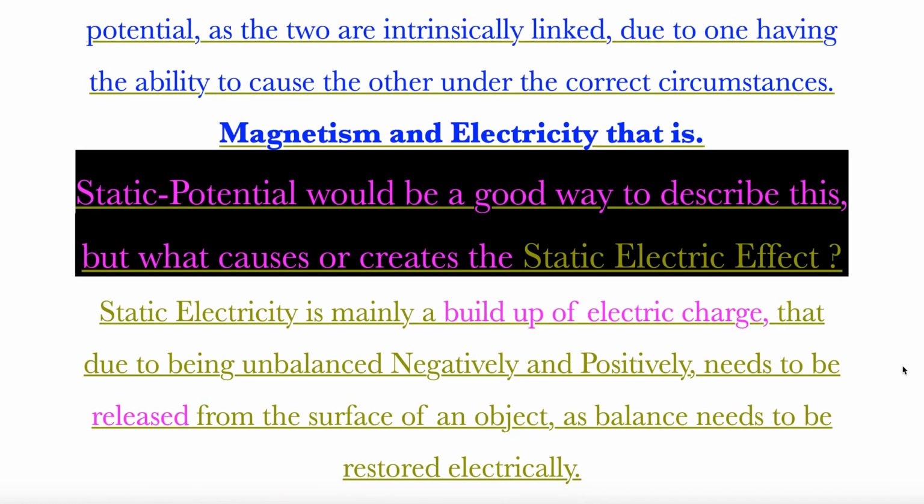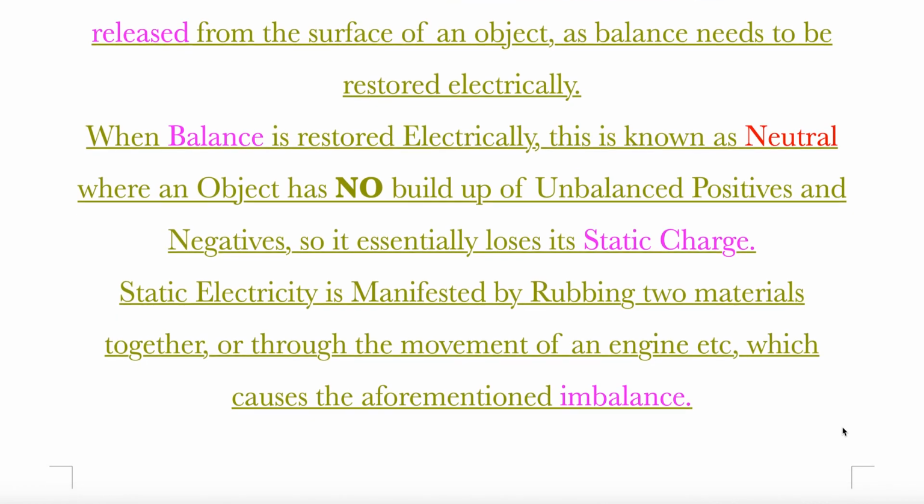Static electricity is mainly a buildup of electric charge that, due to being unbalanced negatively and positively, needs to be released from the surface of an object, as balance needs to be restored electrically. When balance is restored electrically, this is known as neutral, where an object has no buildup of unbalanced positives and negatives, so it essentially loses its static charge.